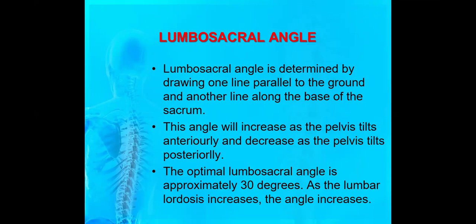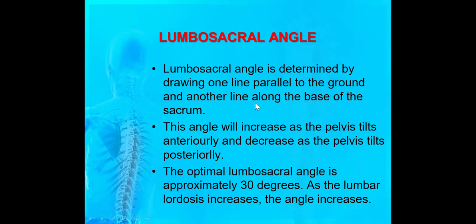We have discussed this topic in the lumbar spine biomechanics example. But as this angle is between the lumbosacral segment, it will also be discussed here in the sacral spine, because this lumbosacral angle is concerned with both the L5 and the lumbar spine as well as the sacral spine.